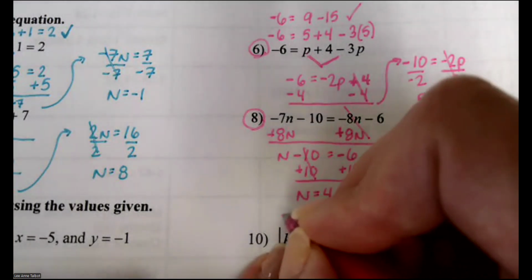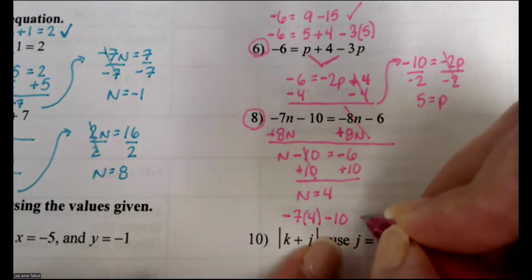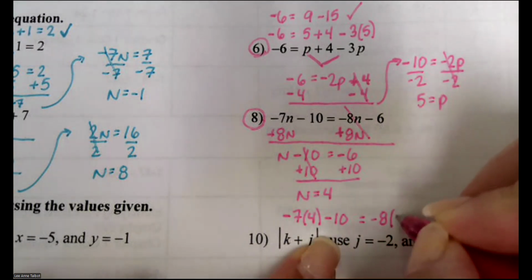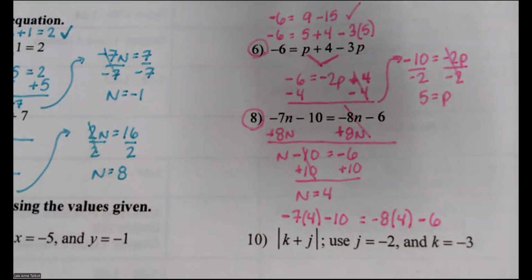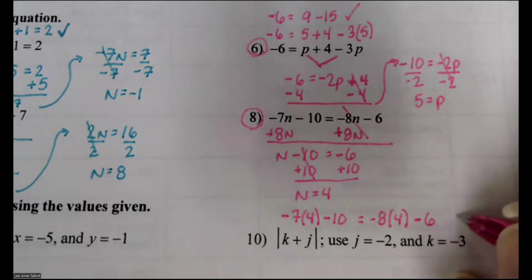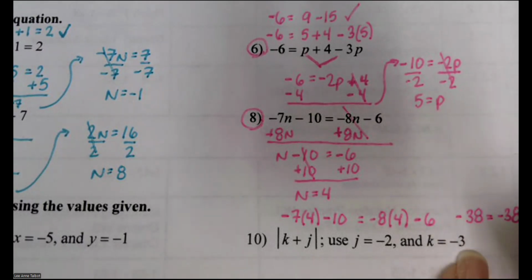So I'll do my check here. -7 times 4 minus 10 equals -8 times 4 minus 6. So this is -38 equals -38. Perfect.